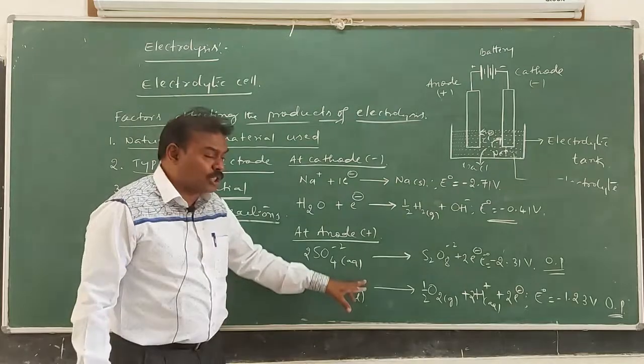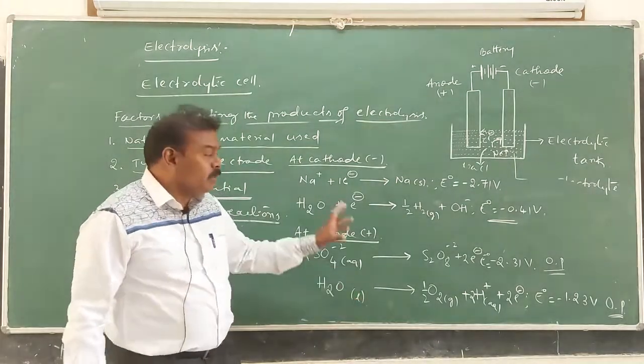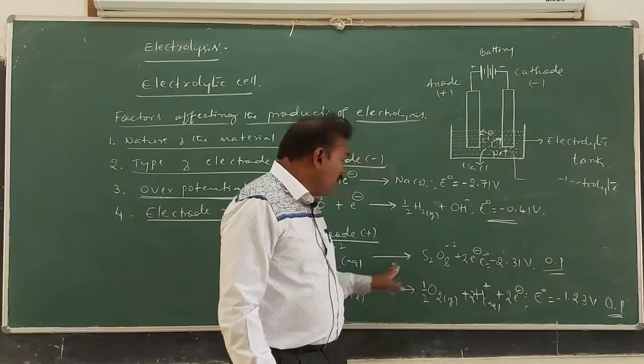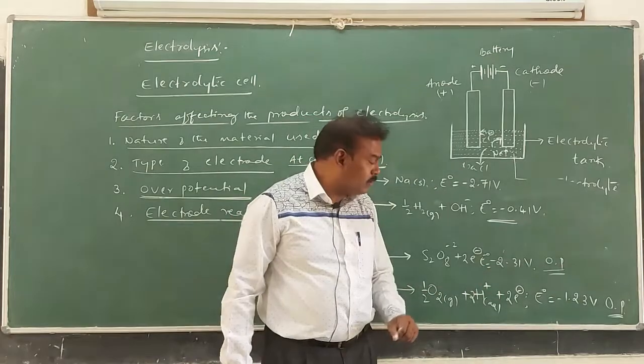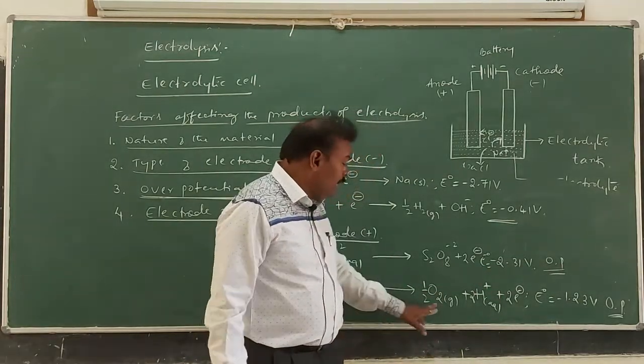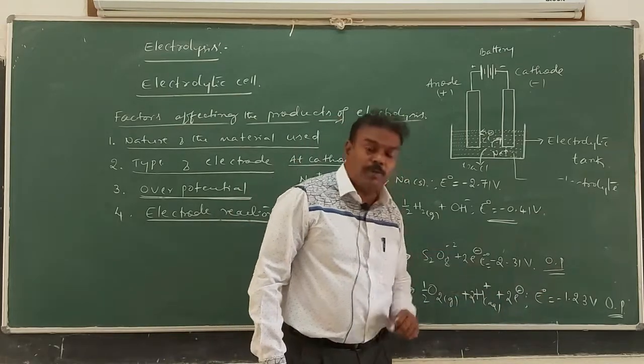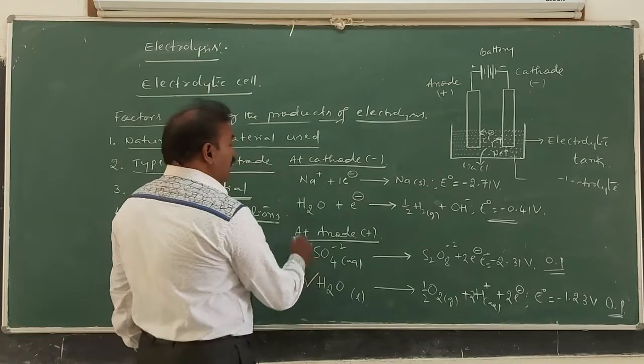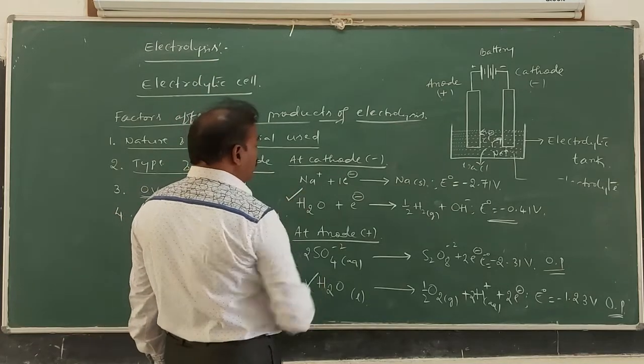Among the two oxidation reactions, the one having a high oxidation potential will take place. Oxidation potential of sulfate into persulfate is minus 2.3 volts, and oxidation potential of water into oxygen is minus 1.23. Therefore, this reaction is possible on the anode.